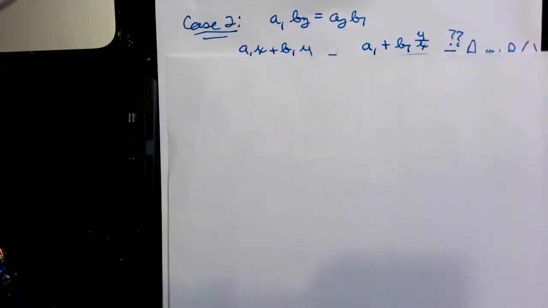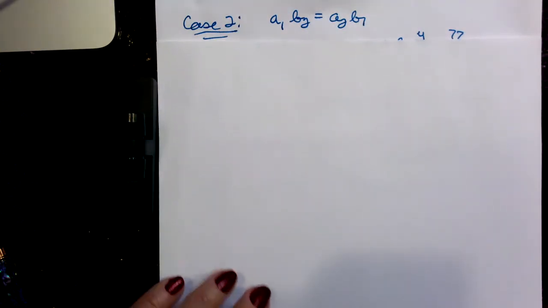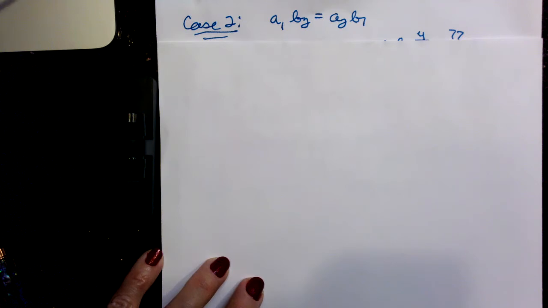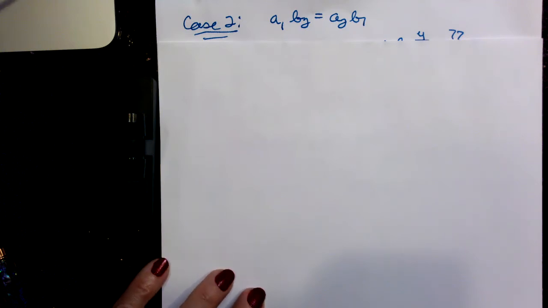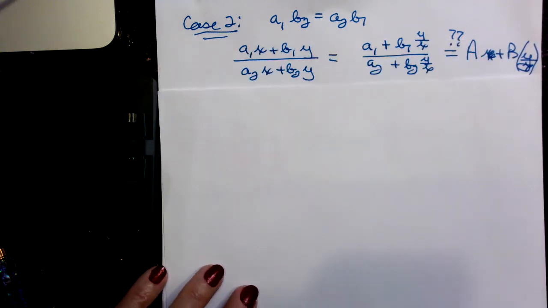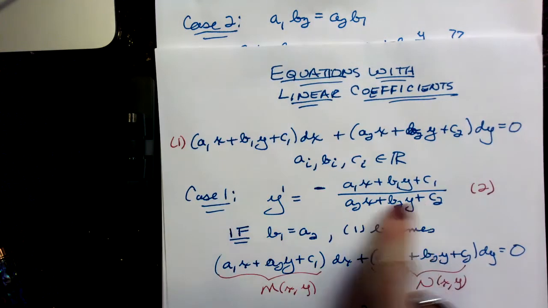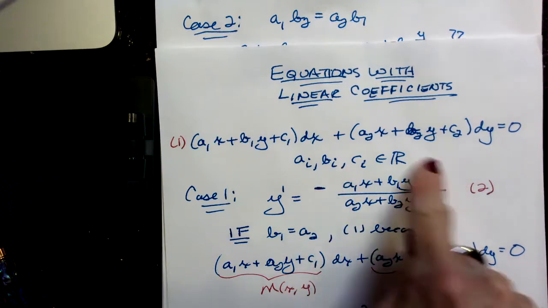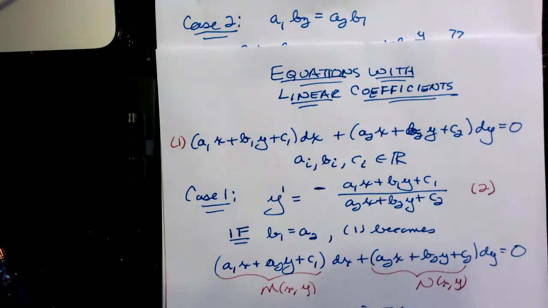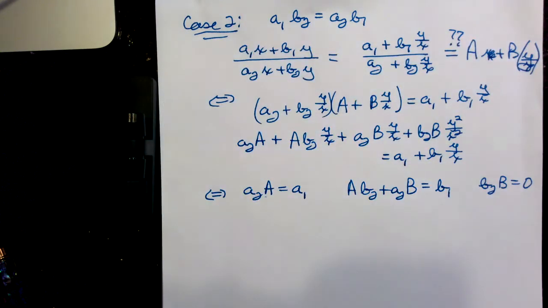Okay. So in case two, we want to consider where a1b2 equals a2b1. Okay. And so in that case, I take that equation two, which remember looked like this one, where you write it as a ratio. And I'm just interested in what this right-hand side is, so I don't really need to worry about the minus sign.